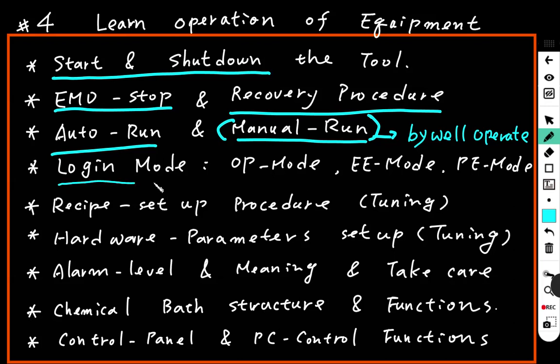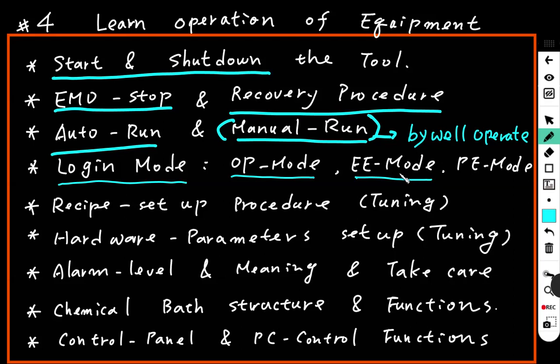And the control login mode: we have the basic operator mode, which only lets the operator run this tool. And we are going to know about the equipment engineer mode.